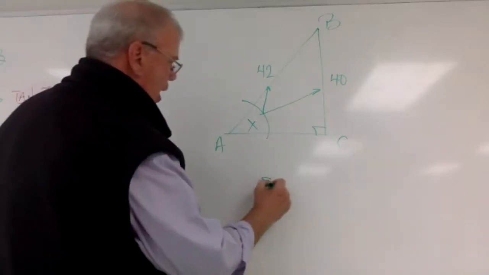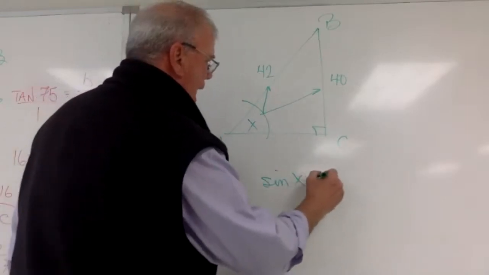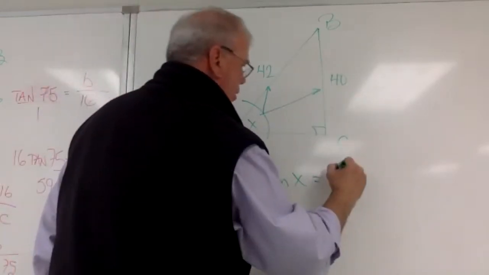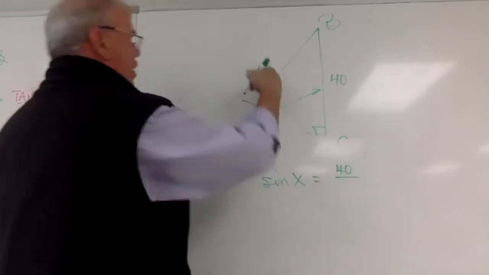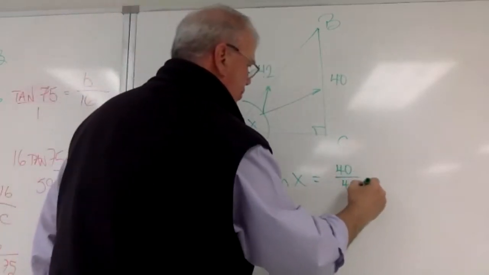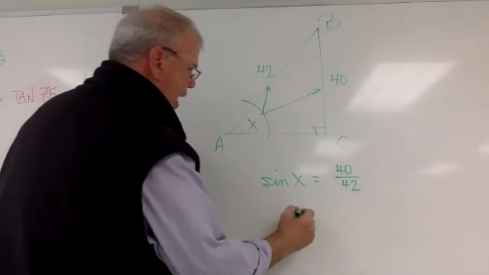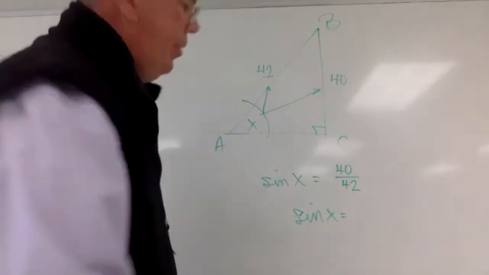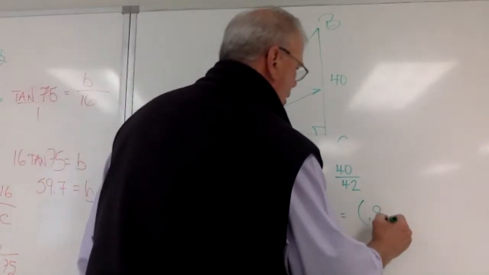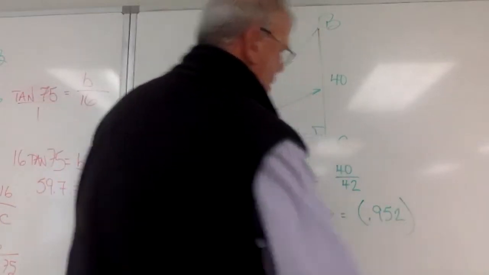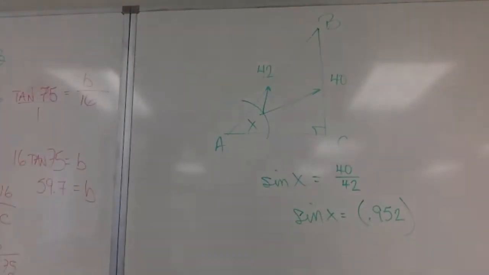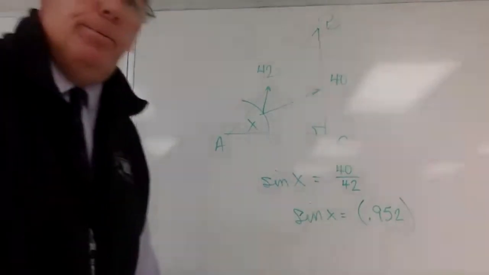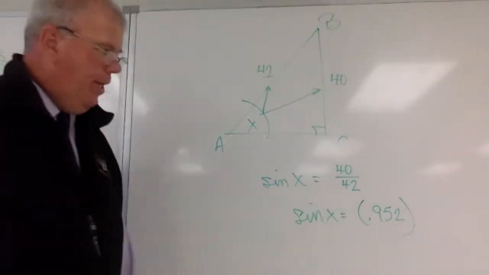So the sine of x has to be equal to the opposite over the hypotenuse. Right? And if I put that into my calculator, I get the sine of x equals what? What's 40 divided by 42? 0.952.